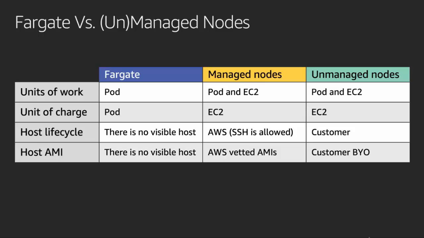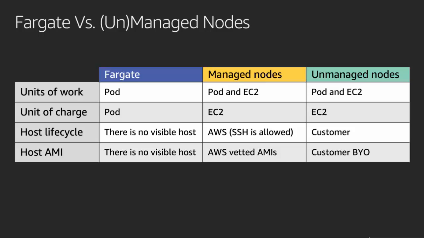This is where the managed and unmanaged worker nodes are a little bit different, where the unmanaged worker nodes are pretty much on you in terms of management, whereas for managed worker nodes or node groups, we take on some of the burden that involves managing those worker nodes.